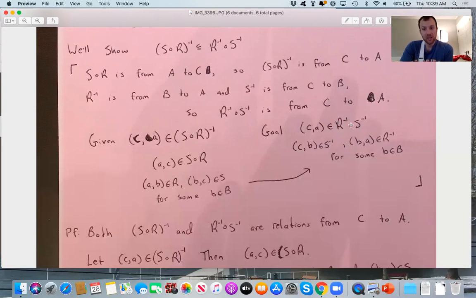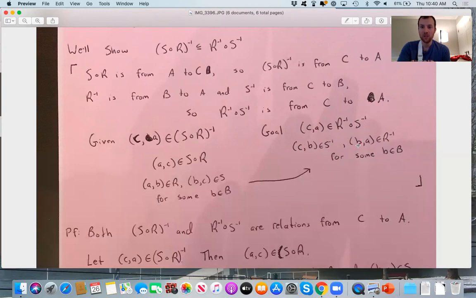In this case, the composition is happening first. We have this relation, which happens to be an inverse. This relation also happens to be an inverse, but we're composing them together. So then, like before, that means we know that there are two ordered pairs that exist containing some element B from this middle set B. The C that was our first coordinate and the B that was introduced are in S inverse, the first relation.